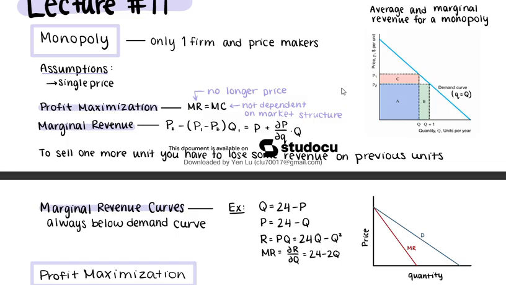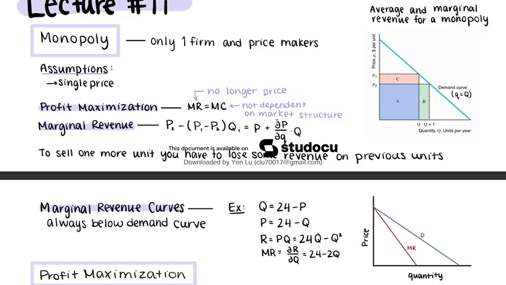If the quantity rises, how would the price go? Obviously, in a perfectly competitive market, it equals 0. That's why we get marginal cost equals marginal revenue equals price in perfectly competitive markets.